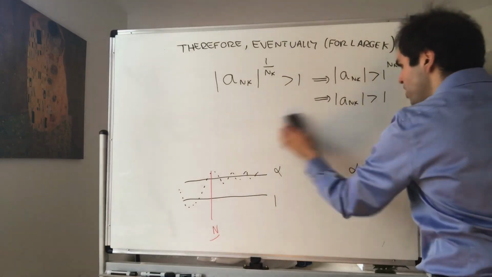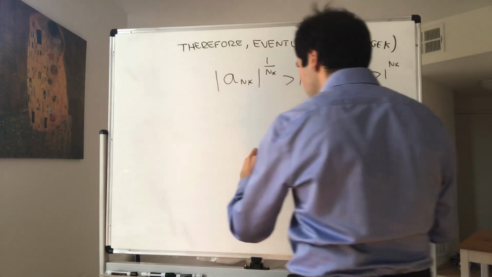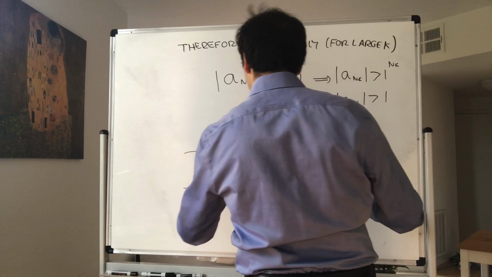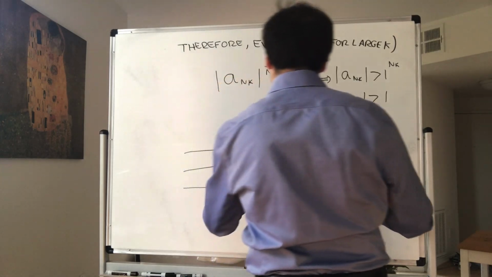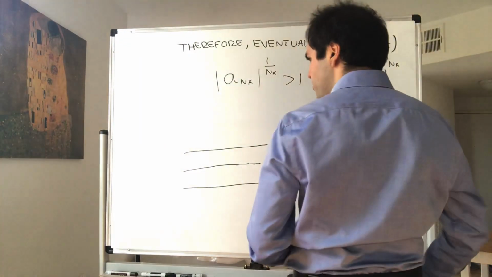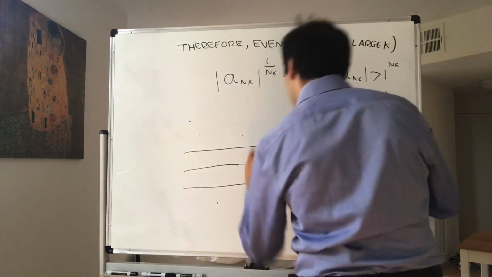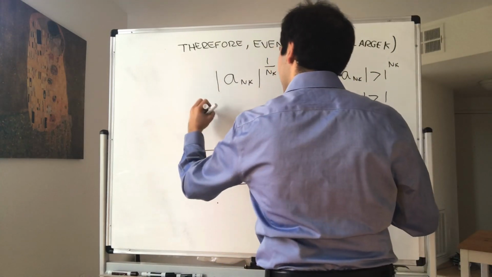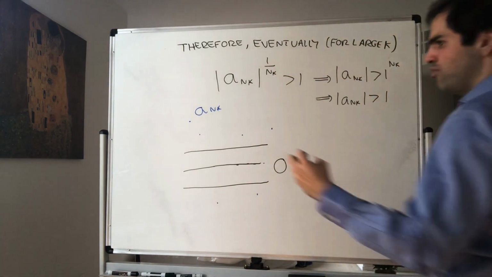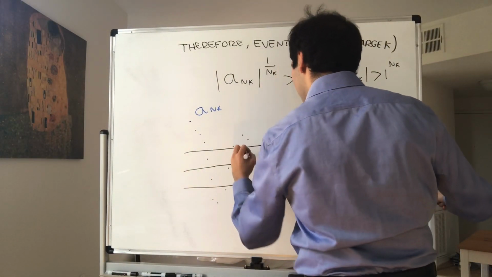So what do we get? We have the sequence an, and we know that some subsequence is never close to 0. So if this is 0, we have the sequence an, but we know the subsequence a sub nk is always at least 1 away from 0. But the question is, can the full sequence an possibly converge to 0?